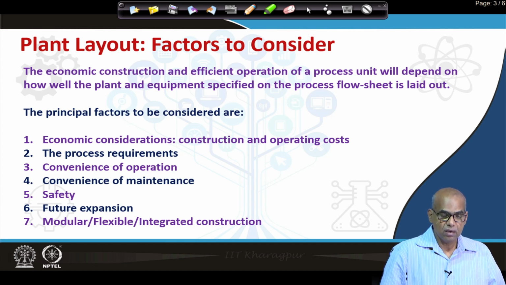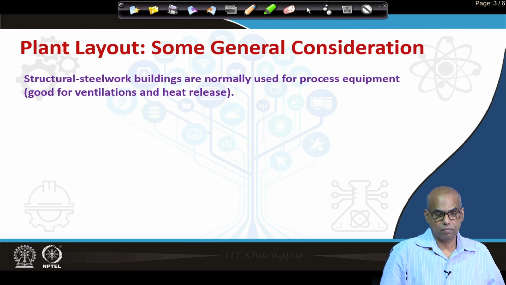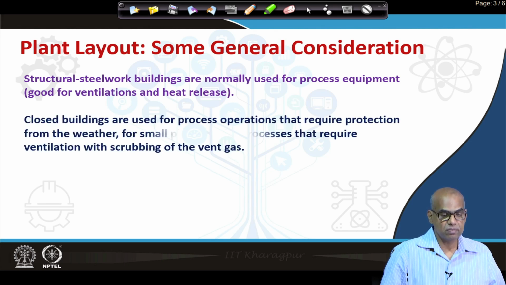So, now let us look at some of these factors in some more detail. Before that, let us talk about some general considerations. Structural steelwork buildings are normally used for process equipment because they are good for ventilation and heat release.